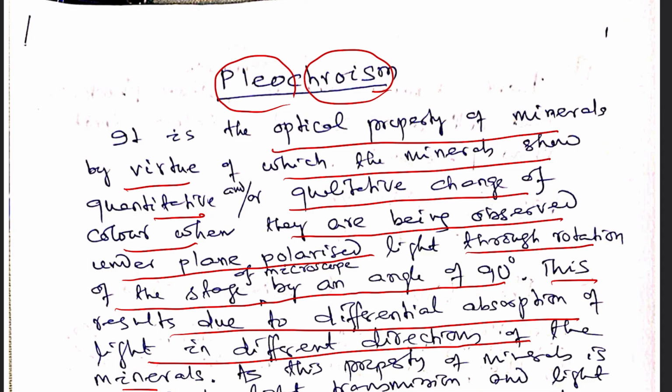This phenomenon is described as pleochroism, by virtue of which the minerals are identified under the microscope.